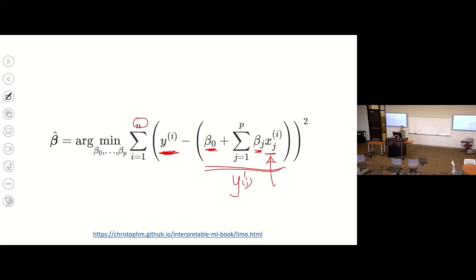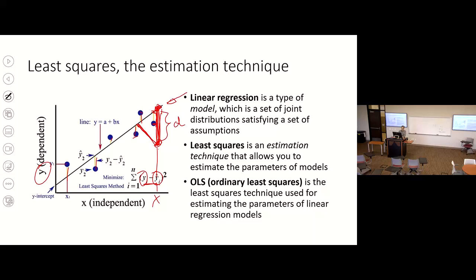So this is input. There are p variables, and this gives you the expected y, and the difference between your observed and the predicted. So this whole term is a difference, which is just the yellow bars here, right?